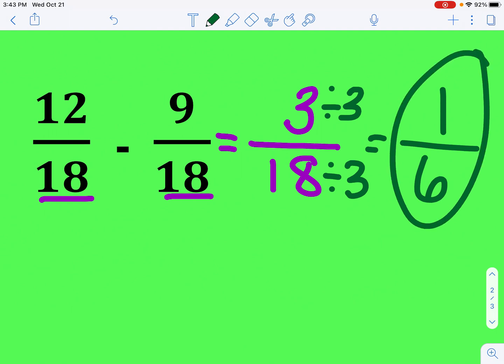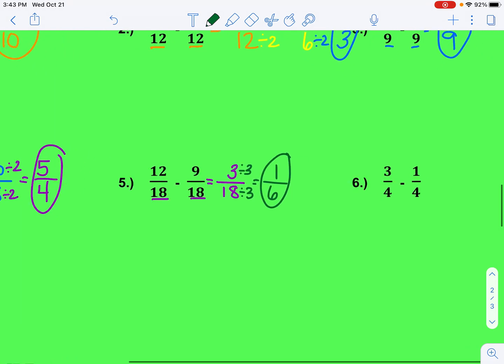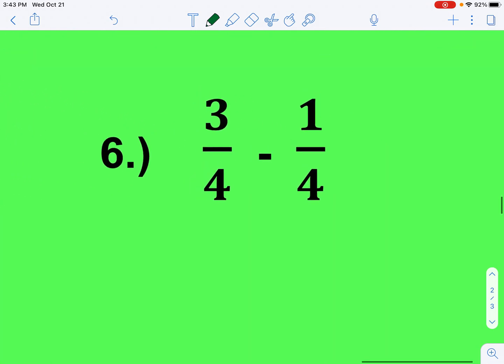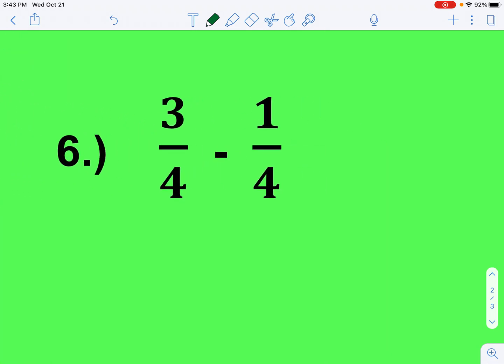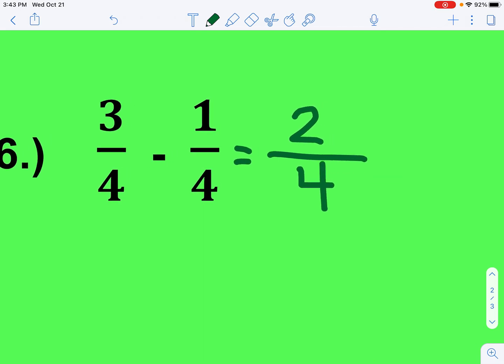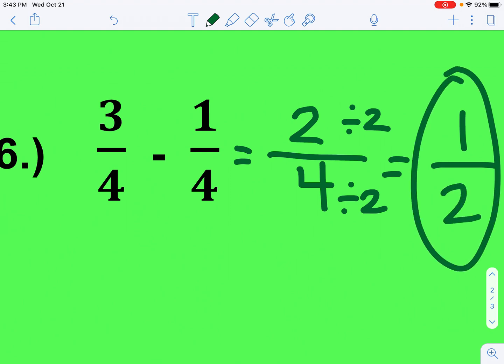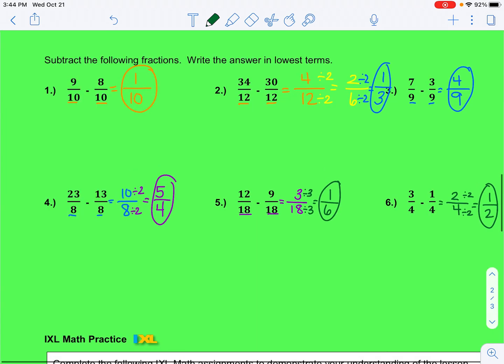So my answer is 1/6. And lastly, 3/4 minus 1/4. My denominators are the same, so I subtract straight across. 3 minus 1 is 2. 4 is my denominator, so it stays the same. 2/4 simplifies because I can divide by 2 again. 2 divided by 2 is 1. 4 divided by 2 is 2. So my answer is 1/2.